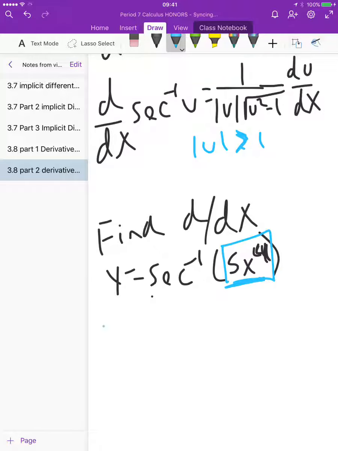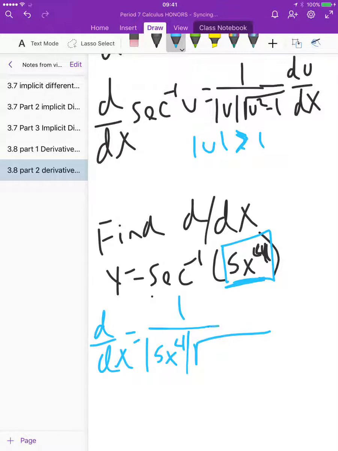So if I want to find dy/dx, this is going to be 1 over the absolute value of u, which is the absolute value of 5x to the fourth, multiplied by the square root of, in this case, u squared minus 1. So really that's 5x to the fourth quantity squared, and then minus 1.